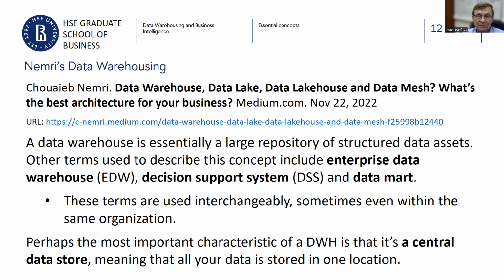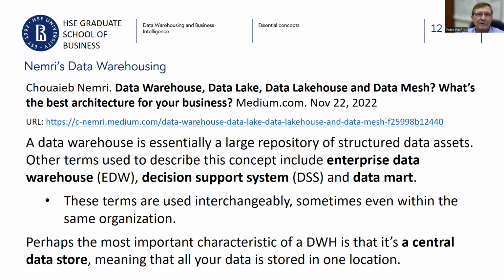Okay, so one of these publications from 2022, you see, is a blog from Shoaib Nemri, a pretty interesting guy. He's a machine learning architect from Amazon Web Services, AWS, and also from Google. He's a pretty well-known expert in this area.